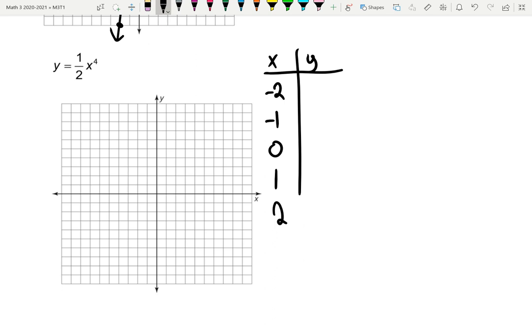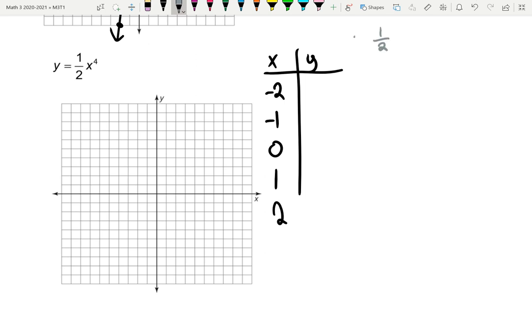Now the only difference is I see that 1/2. So I'm going to actually just make all of my numbers even. It might cause it to be off the graph, but for example, notice what happens when I plug in the even input.